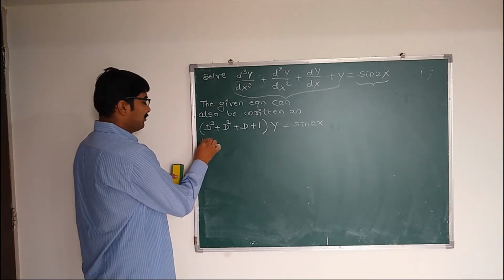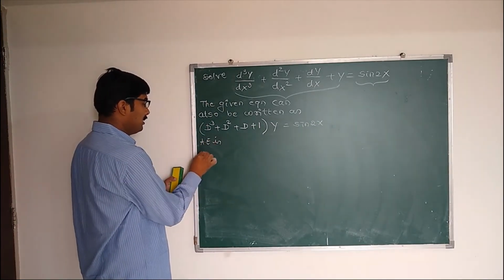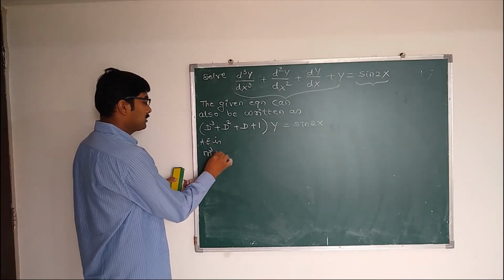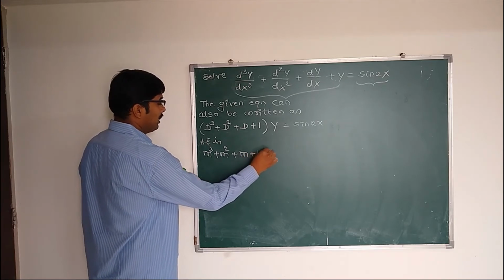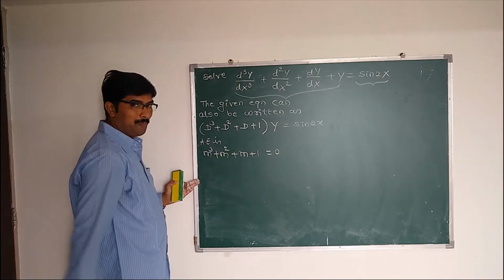Now the auxiliary equation is m cube plus m square plus m plus 1 is equal to 0.